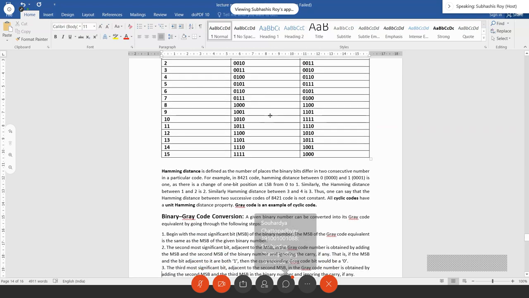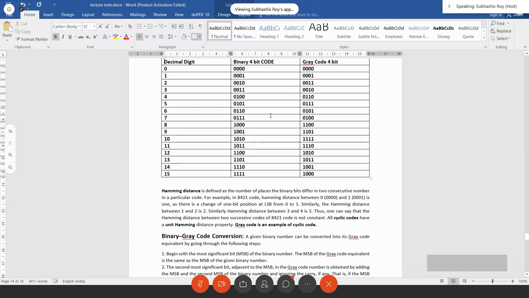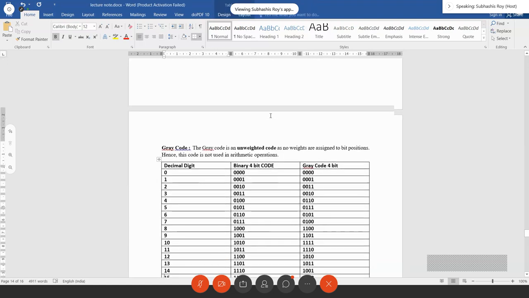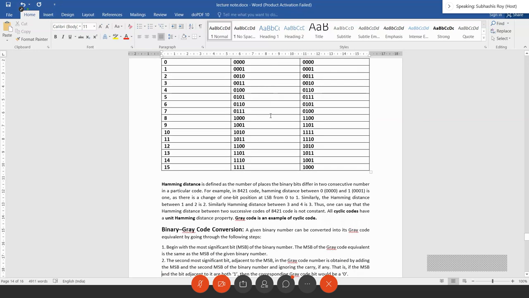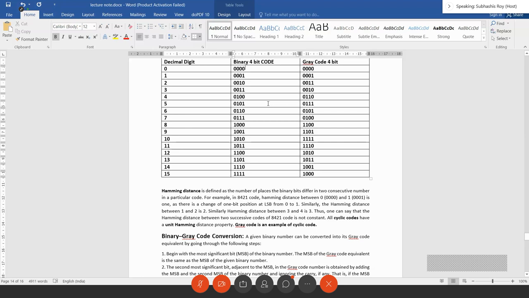Okay, so when we are talking about gray code, one technical term that we need to understand is Hamming distance. What is Hamming distance? Hamming distance is nothing but the number of bit positions that change between two consecutive numbers in a particular code. Suppose I am working with binary format, and I consider consecutive numbers 0 and 1.